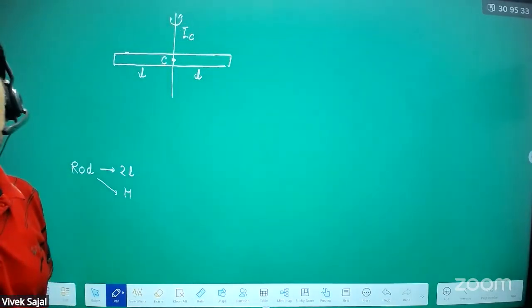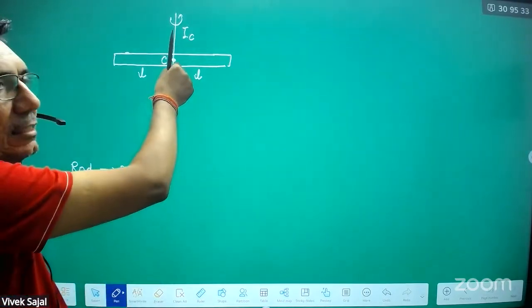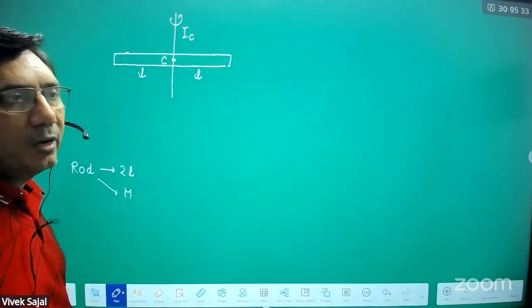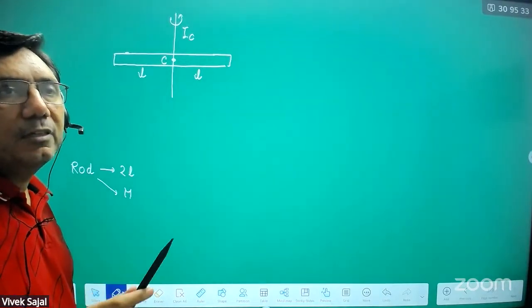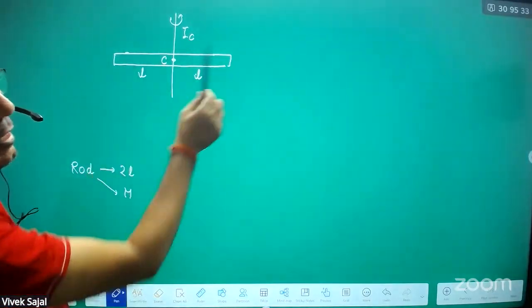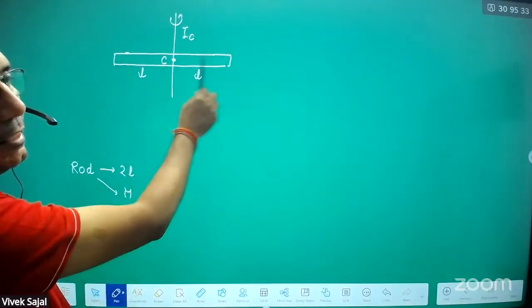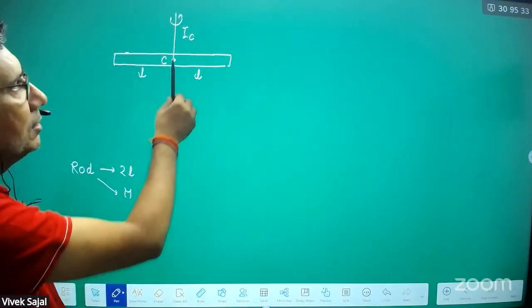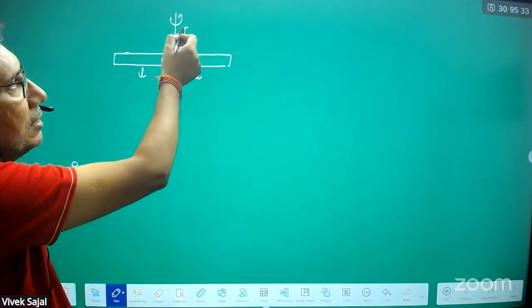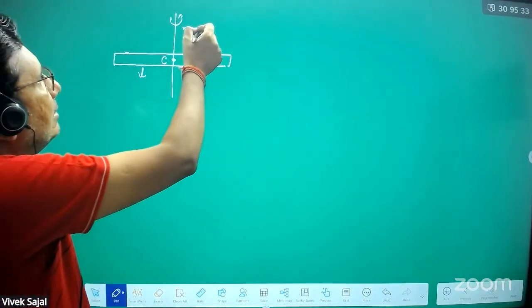You call its moment of inertia IC. So the axis that is passing through the center of mass, ठीक है ना, the moment of inertia corresponding to that axis will be IC. You are rotating this in this way. This is a 1D structure, and it is creating a 2D structure. So suppose its moment of inertia is IC here.